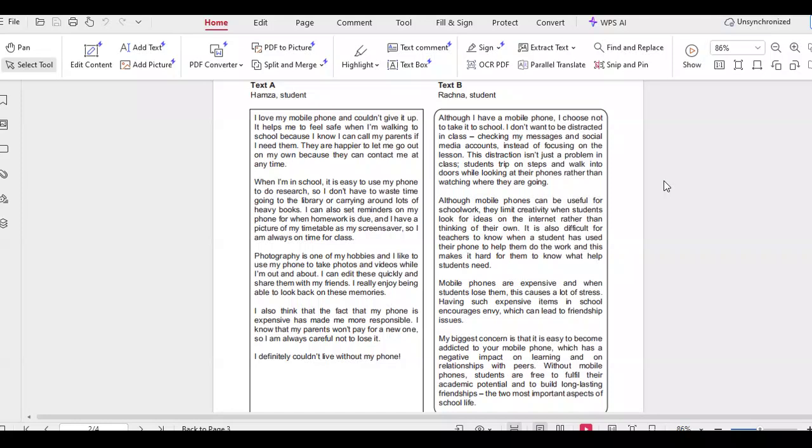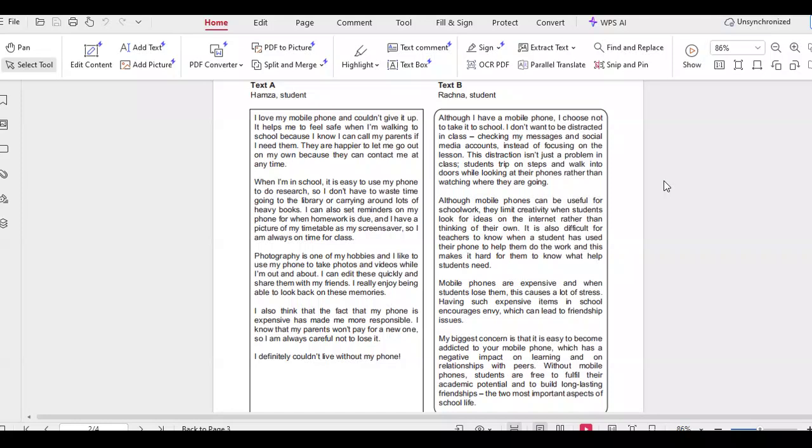Number two, they help the students to contact parents easily in case of emergencies. Number three, phones are useful for research and schoolwork. Number four, they help the students to stay organized. Number five, they help the students to pursue their hobbies. And lastly, they make them more responsible. So six main ideas have been presented by Hamza.